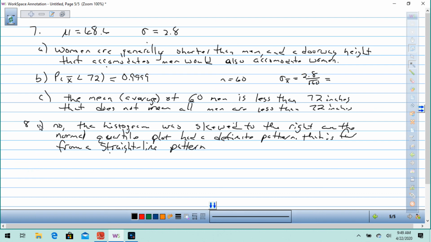B, that was A. What about B? Can the mean of this sample be treated as a value from a population having a normal distribution? The sample size is 13 and does not satisfy the condition of n is greater than 30, and the values do not appear to be from a normal population.